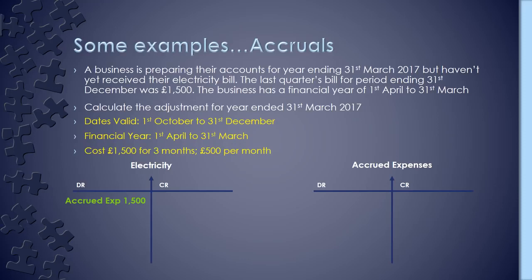So we're going to debit our electricity account to increase that account. So remember, expenses are on the debit side when increasing. So we're going to increase our electricity by £1,500.